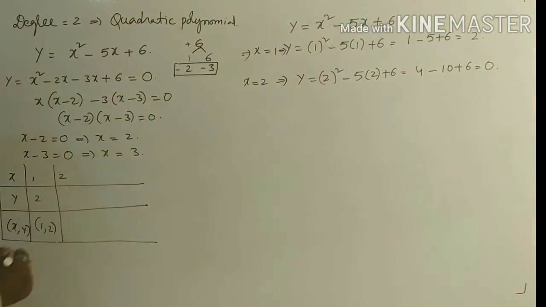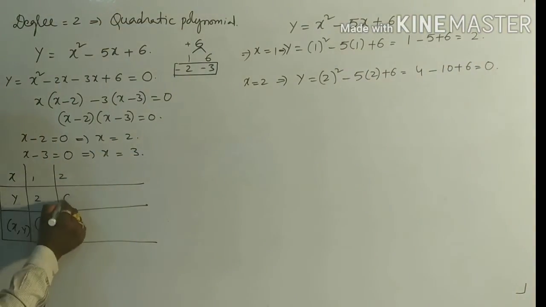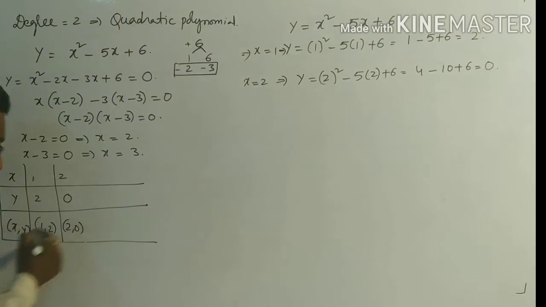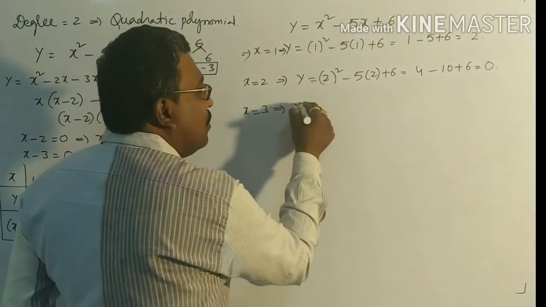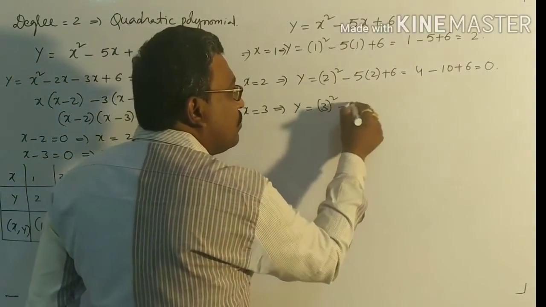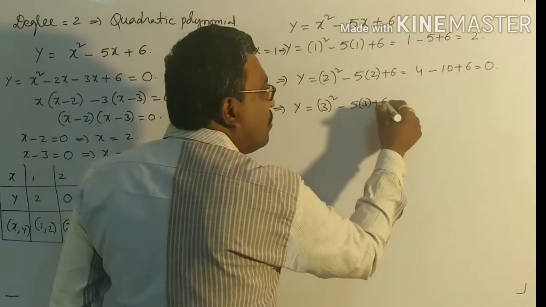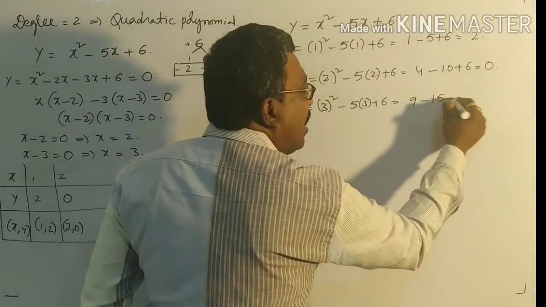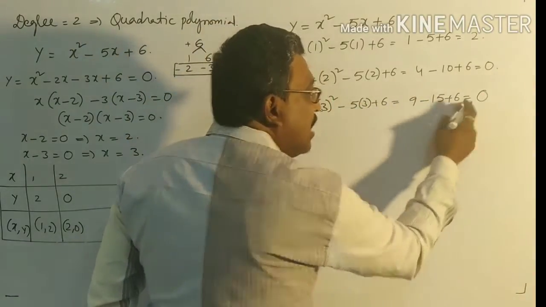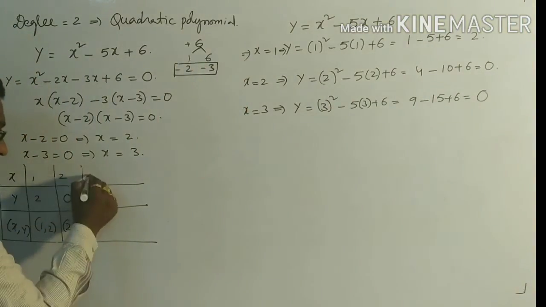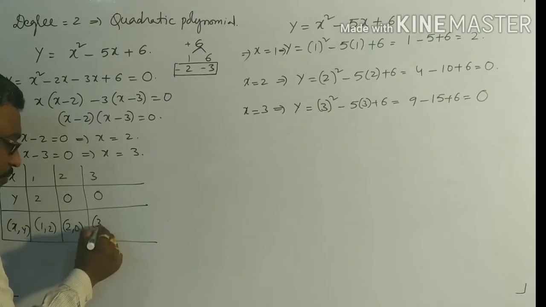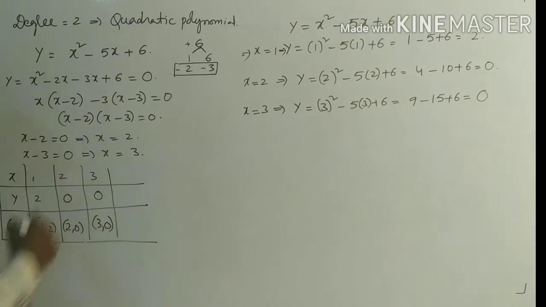If I take x is equal to 2, how much y value did I get? 0. So 2 comma 0. X is equal to 3: y is equal to 3 square minus 5 into 3 plus 6, 9 minus 15 plus 6. 9 plus 6 is 15, 15 minus 15 is 0. So the point is 3 comma 0.